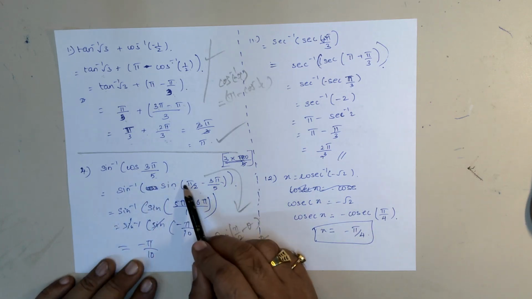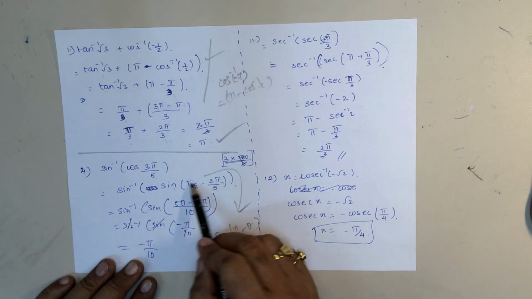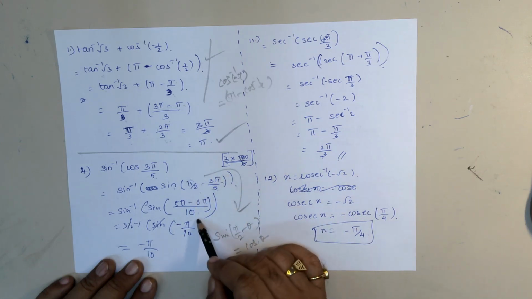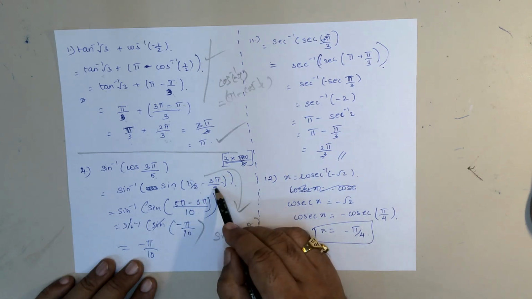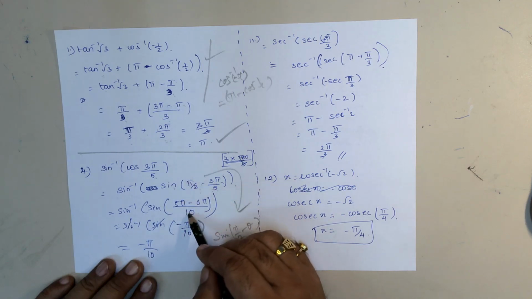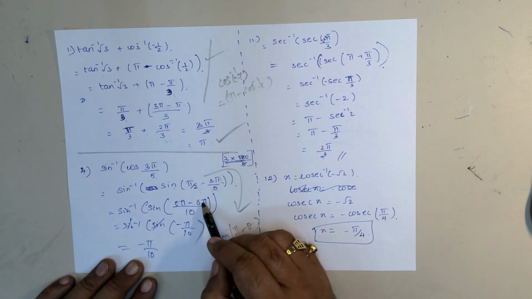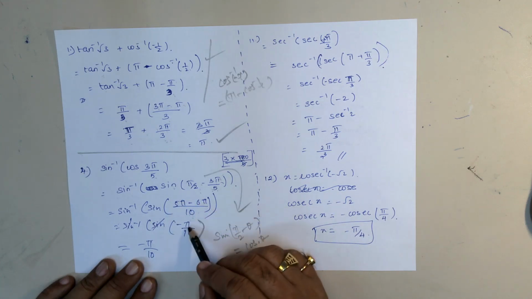So that is why it is pi by 2 minus 3 pi by 5. Now you have to take the LCM. 2 5s are 10, so 5 pi by 10, and this is 6 pi by 10. So 5 minus 6, minus pi by 10.